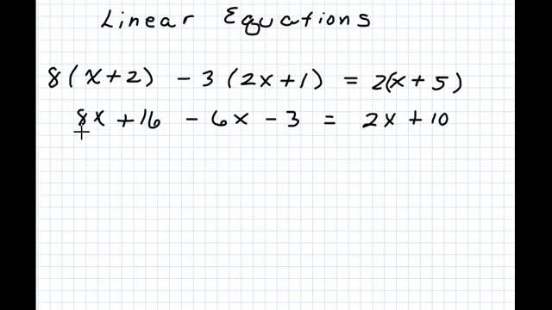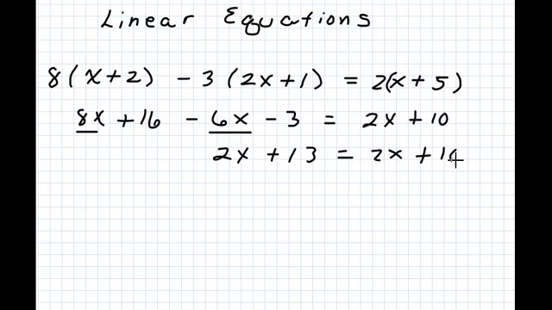Okay, now what I want to do is collect my like terms up. 8x and minus 6x are like terms, and so 8 minus 6 is 2, so I'm left with 2x, and then 16 minus 3 is negative 13, or I'm sorry, positive 13, whoops, is equal to 2x plus 10.